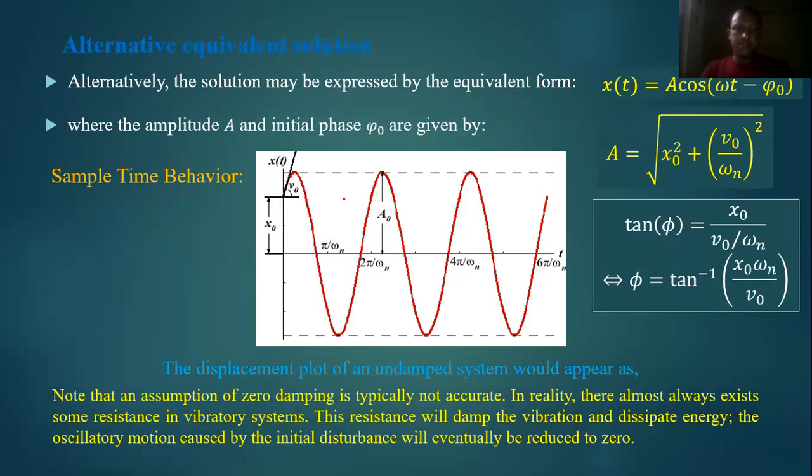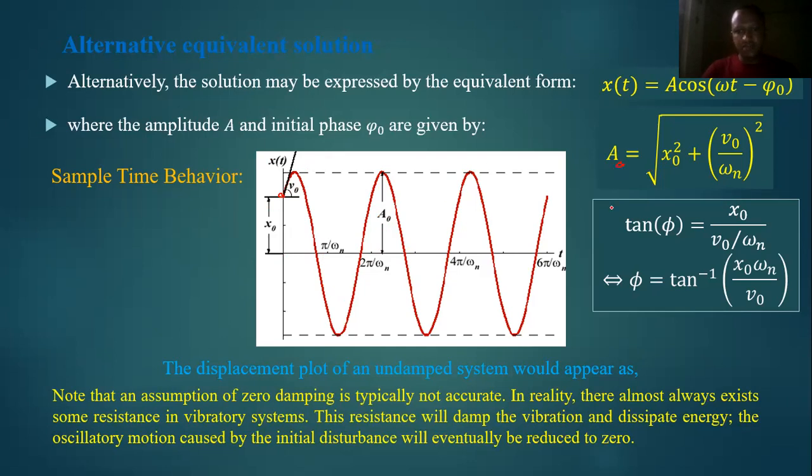This is the same principle. You see the initial velocity, which is tangent to the displacement graph. This is the initial displacement x naught, which is given at the very beginning, and the velocity is tangent to this point. This is the position plot, and we can see A naught means the maximum amplitude, which is this value.